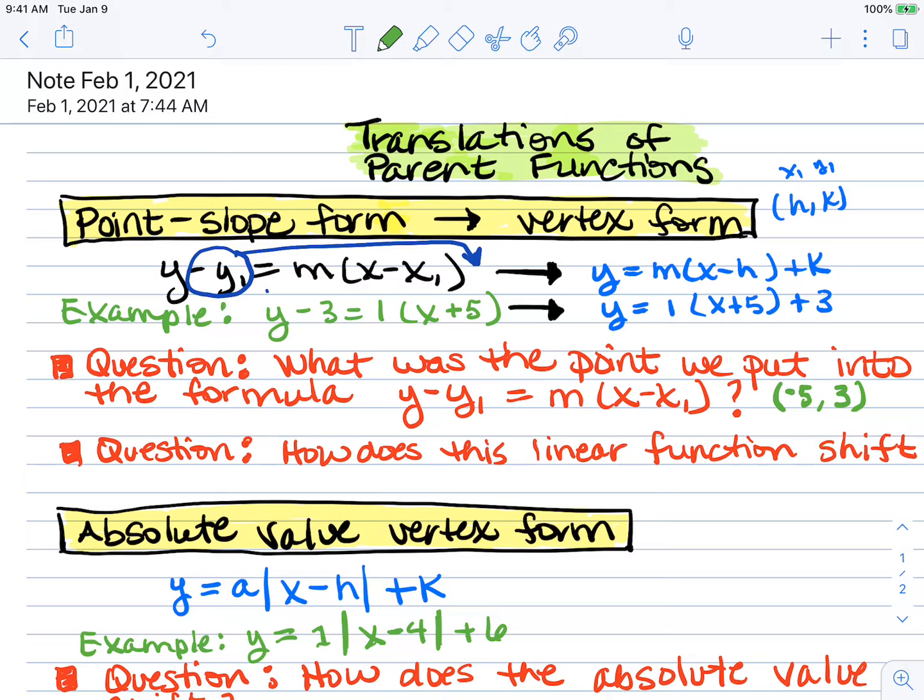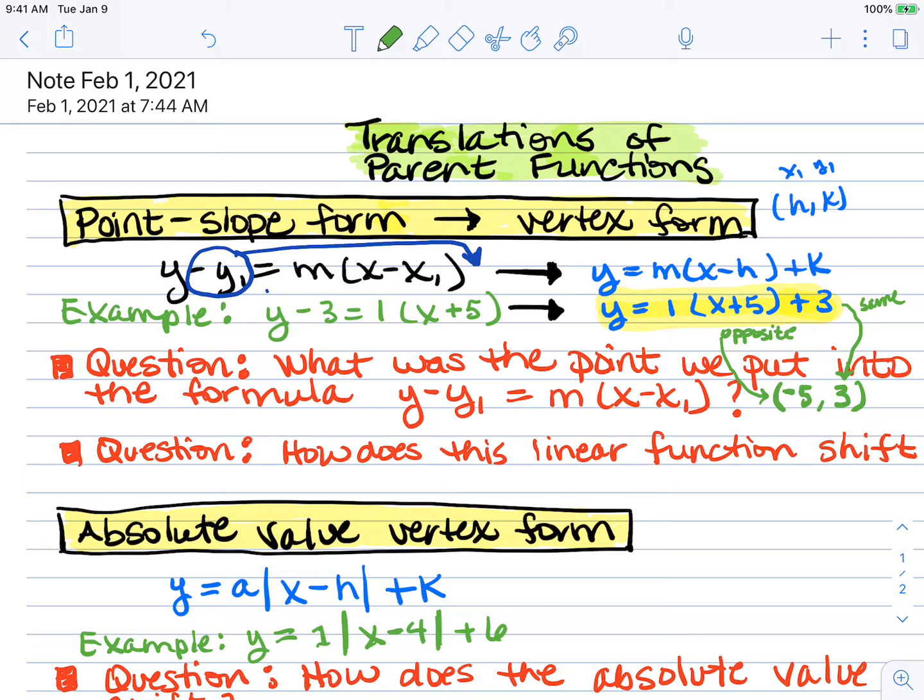What I want you to notice is that when I have it in this form, this is going to be the opposite sign to this -5 right here, and this is going to be the same sign.